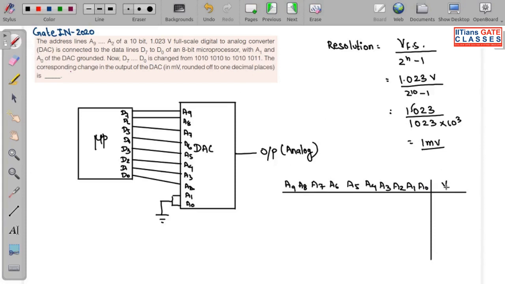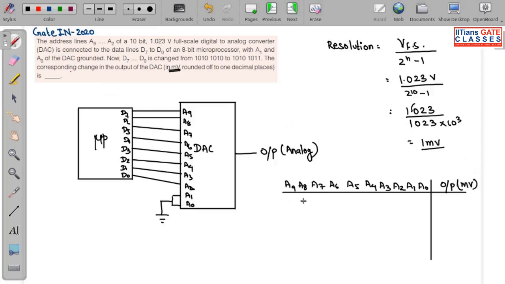So this is my output voltage, or I can write it as output only because I have denoted by that, output in volt. Okay, so they have asked in millivolt. Okay, remember this. So we will also do the work in millivolt only because resolution is also in millivolt. So it will be very easy. So output in millivolt.